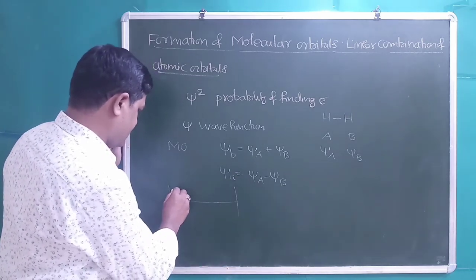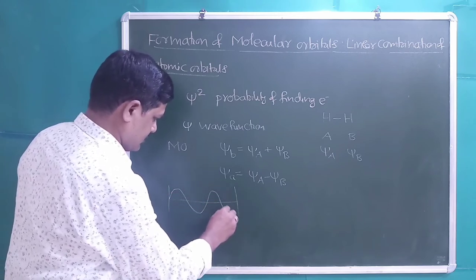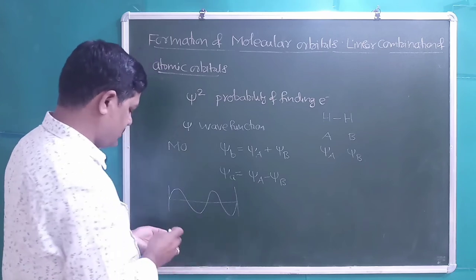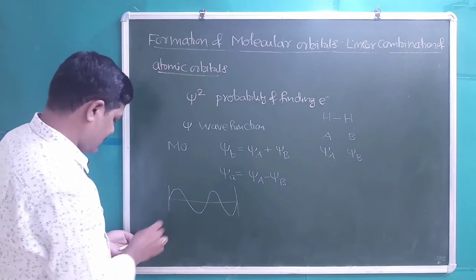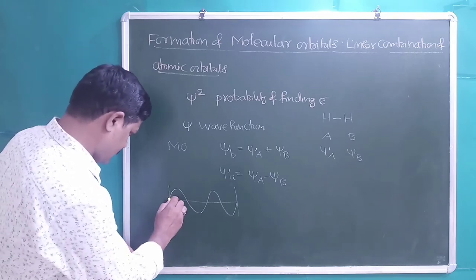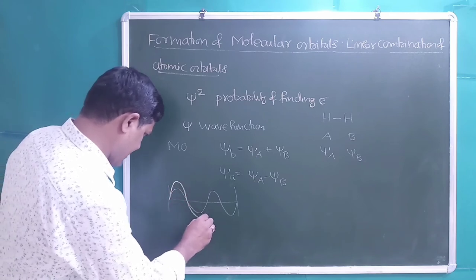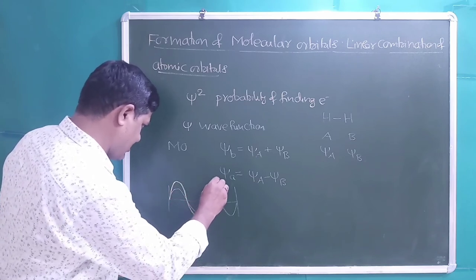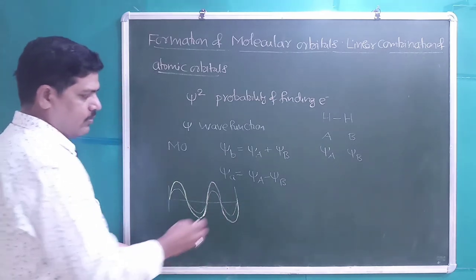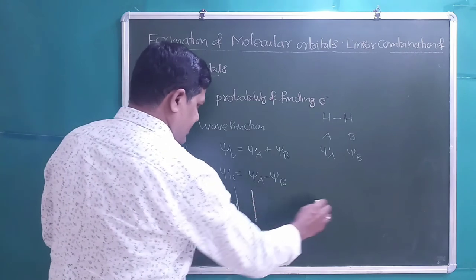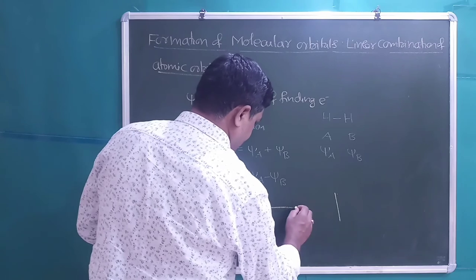For constructive overlapping, assume this is the wave function for one electron, and the second electron overlaps like this, which is called constructive overlapping. The resultant wave amplitude is added up.